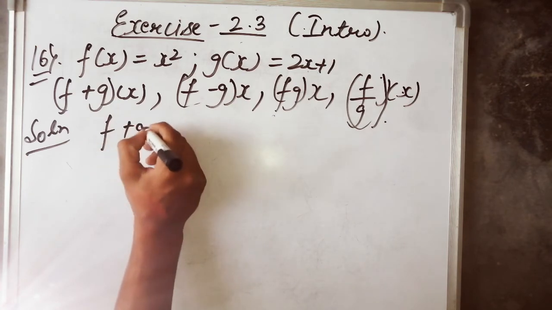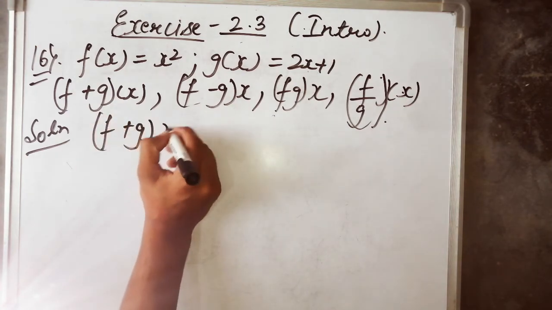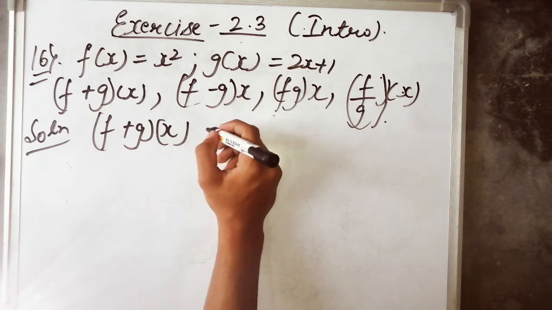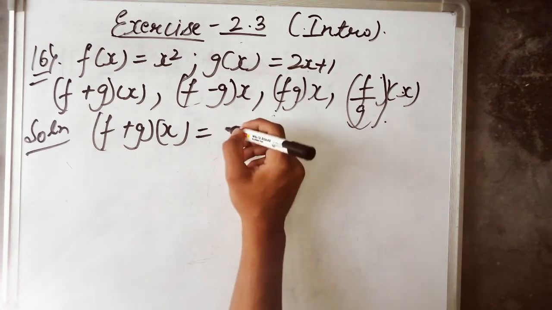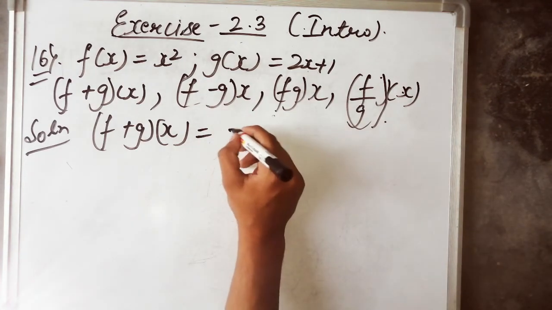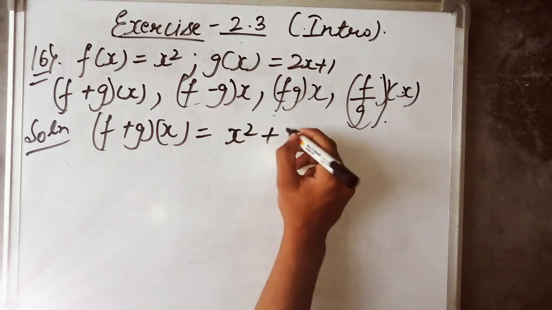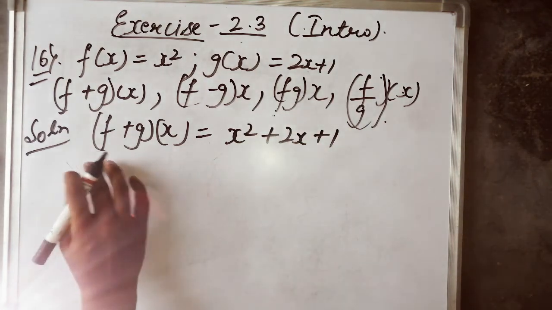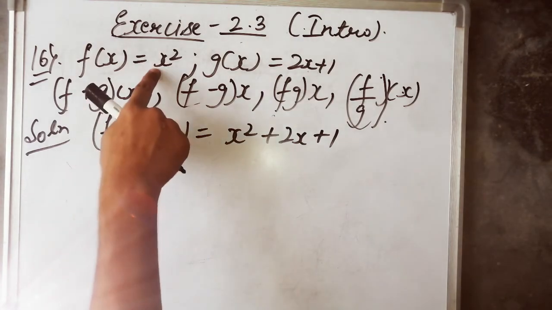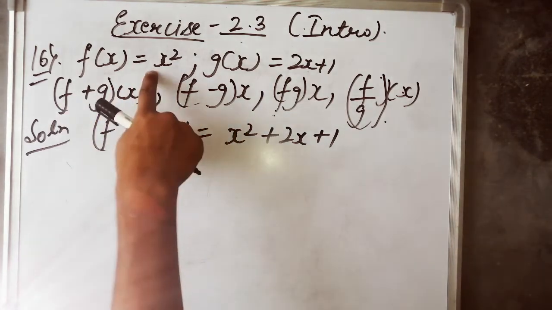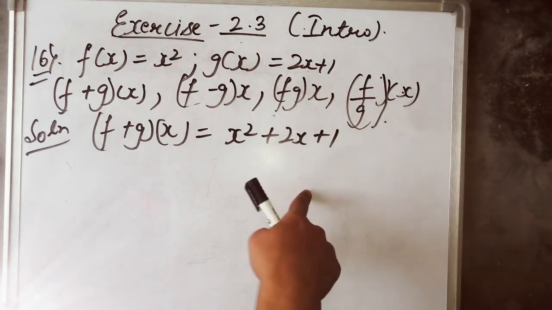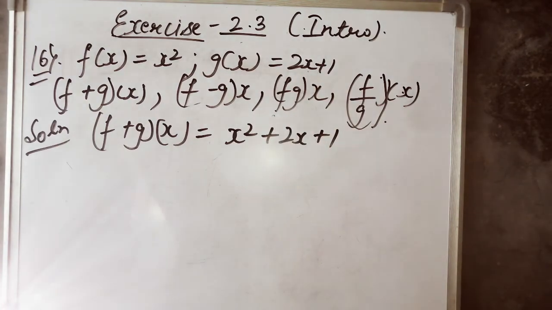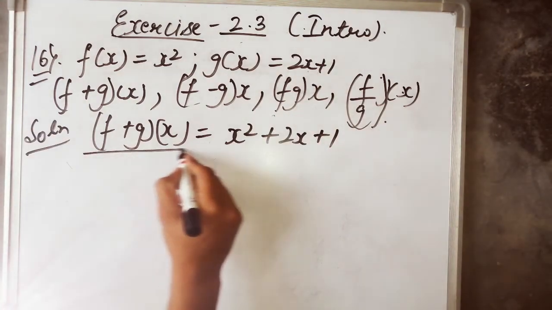(f plus g)(x) is x square plus 2x plus 1. This is what we have got from adding the two functions f and g. I have directly written here x square plus 2x plus 1, and this is (f plus g)(x).